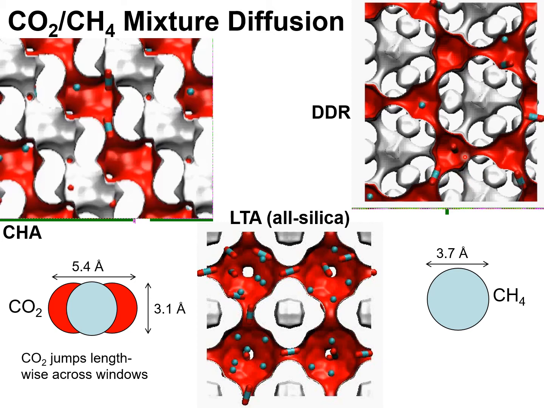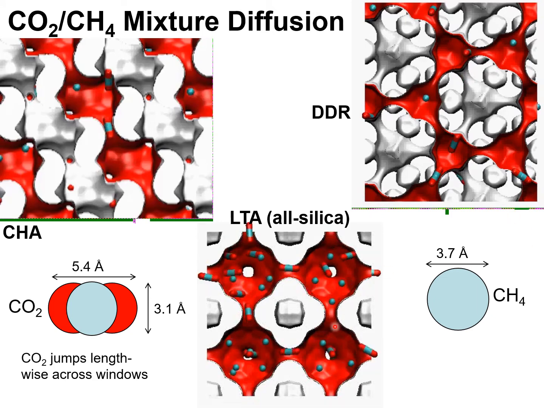It stays at the window regions for a considerable amount of time before entering either of the adjacent cages. Intercage hopping of CO2 is much easier in LTA zeolite because the window dimensions are larger. Here you can see a CO2 molecule hovering around the window site.